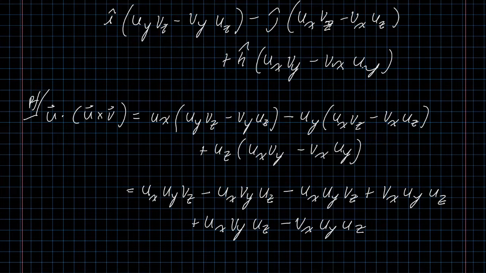And now let's cross our fingers. We've got ux uy vz. Positive and negative cancel each other out. We've got ux vy uz. Negative, positive cancel each other out. We've got vx uy uz.